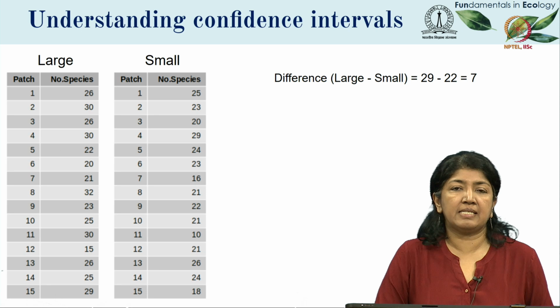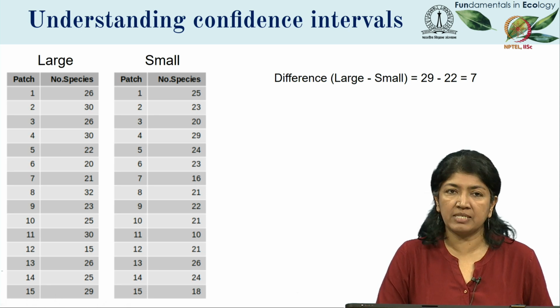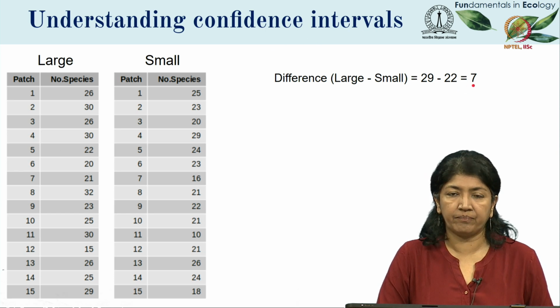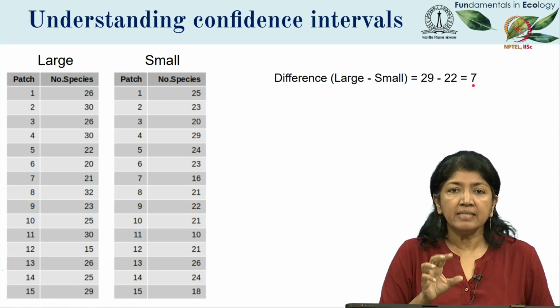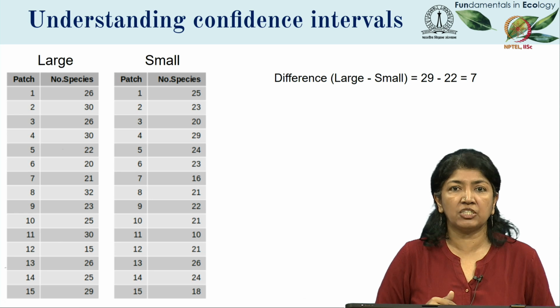The difference in the mean species richness between these two samples, the large and small habitat patches, I find to be 7. It is important to remember that this is one possible sample from the larger population.